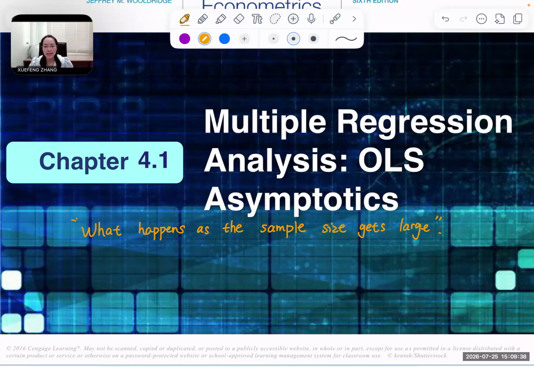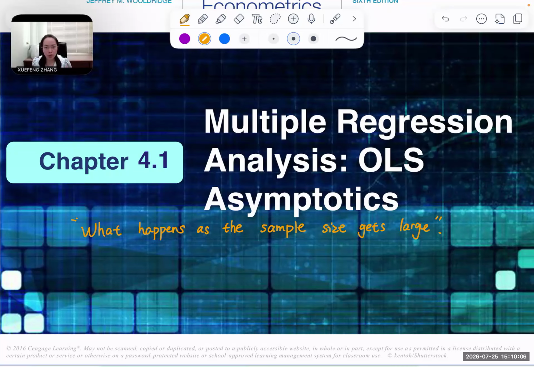We'll see that even without normality, our usual t statistics and F statistics still work fine, approximately, as long as we have enough data. Think of it this way: chapter 3, inference, gives us exact results, but only under strict assumptions, including normality.